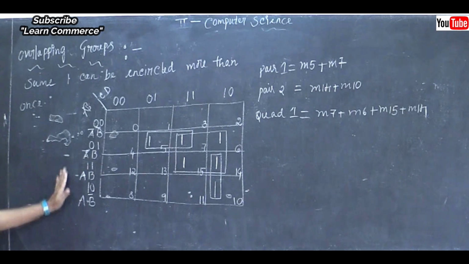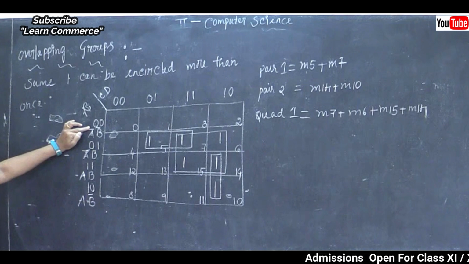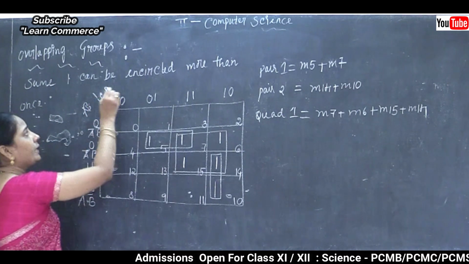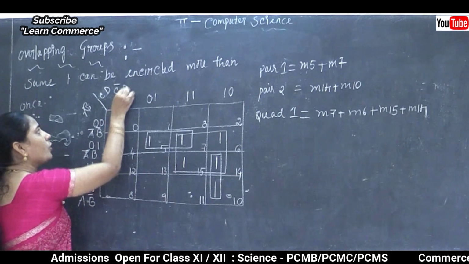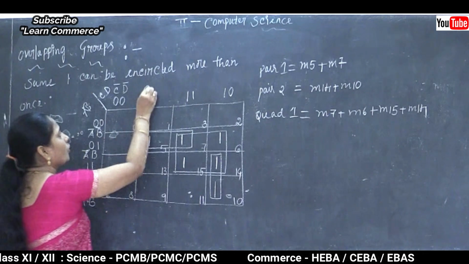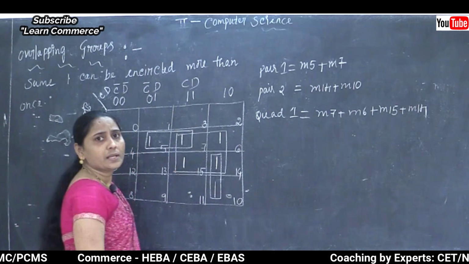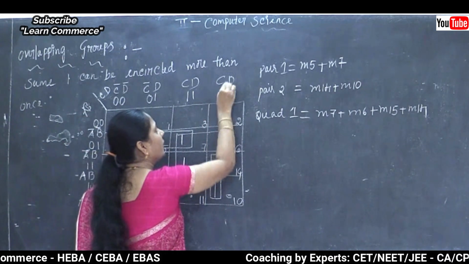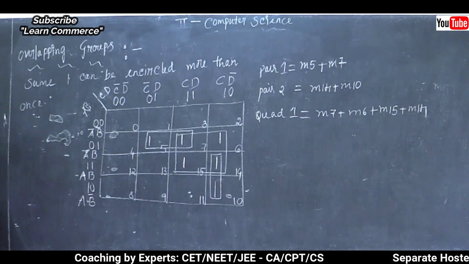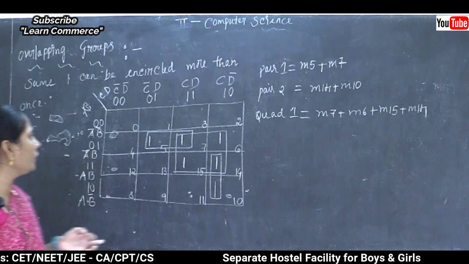On our left side, where the value 0 is there, I use the complementation, and where the value is 1, no complementation. Now C and D. Here also, first I take C complement D complement, then C complement D, then C D, and lastly C D complement. Depending on the variable 0 and 1, I take the complementation or no complementation.